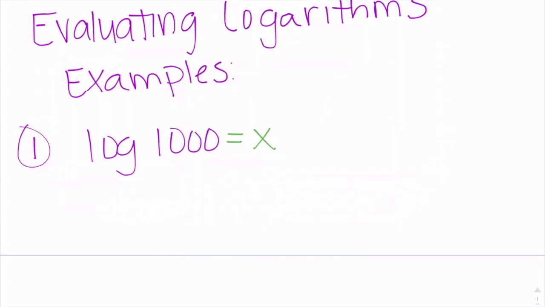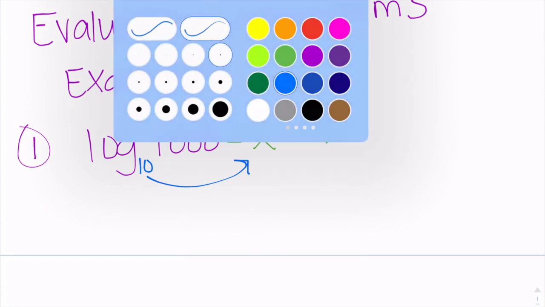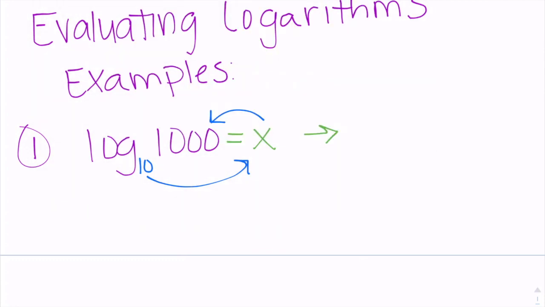And then remember that a log with no base has an unwritten base of 10. And so now we want to convert this to exponential form. So 10 to the power of x equals 1,000.